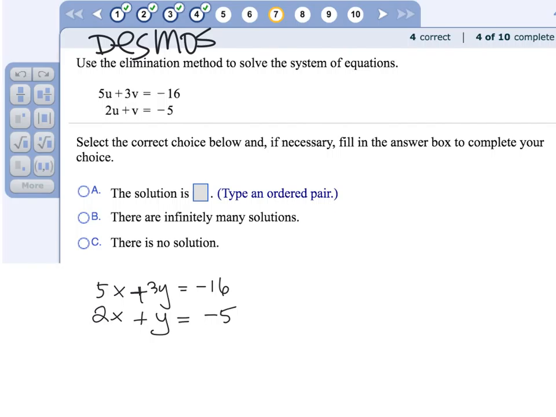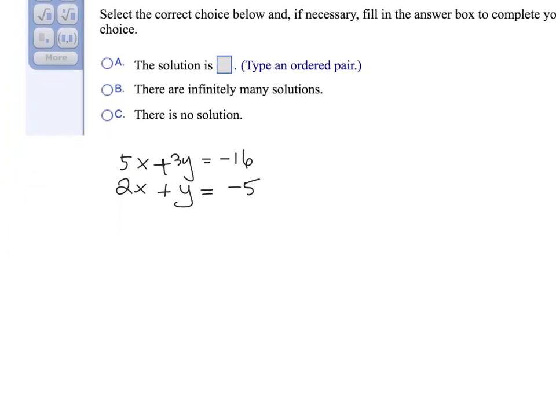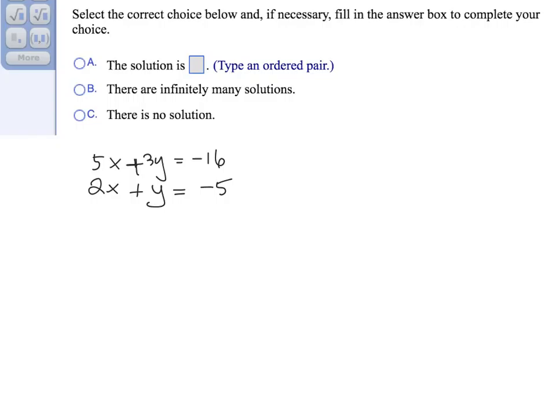So let's do it. So there it is. Do we see any opposites? Nope, we don't see any opposites. But we can create opposites by multiplying this second equation by negative 3, because that would make the y's opposites. So I'm going to multiply this equation by negative 3. And the first line, I'm going to leave it alone. So that becomes 5x plus 3y equals negative 16.